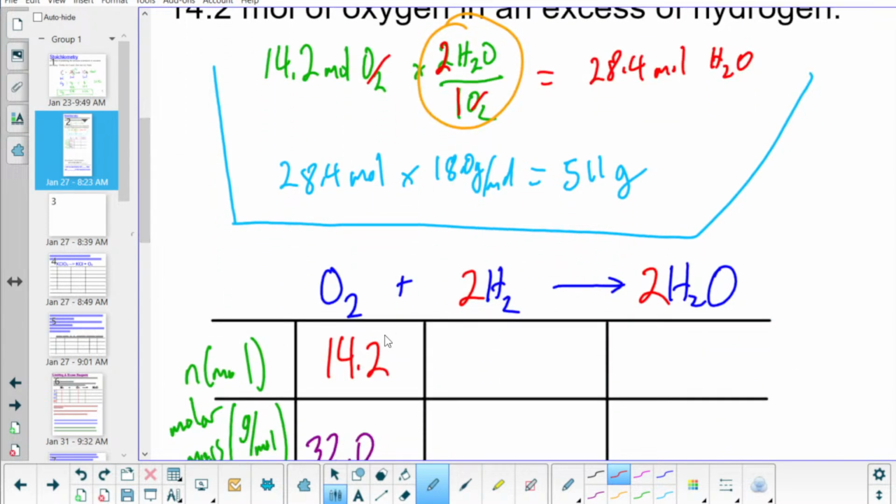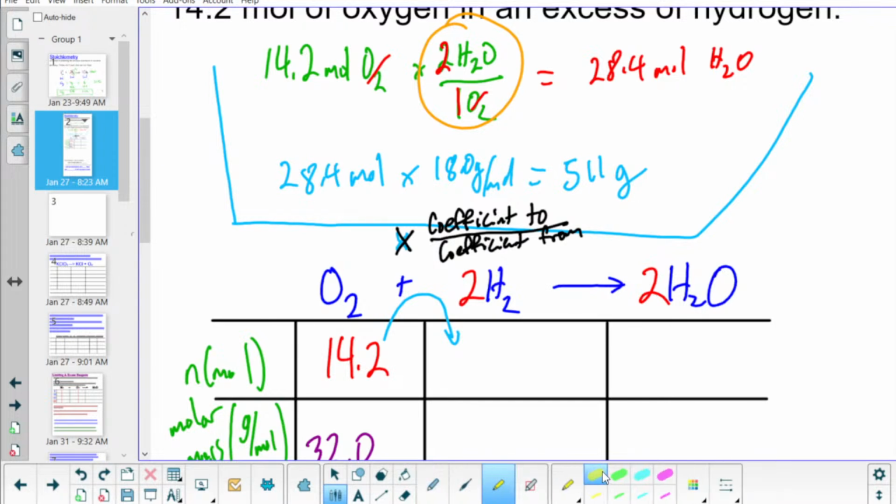So if I'm jumping from here to here, and multiply, pick a darker color, multiply by the coefficient I'm going to, and divide by the coefficient I'm coming from. And the key part on there, multiply by what I'm going to divided by what I'm coming from.